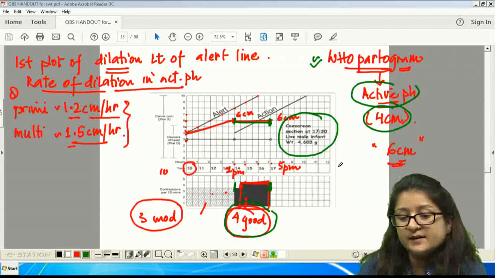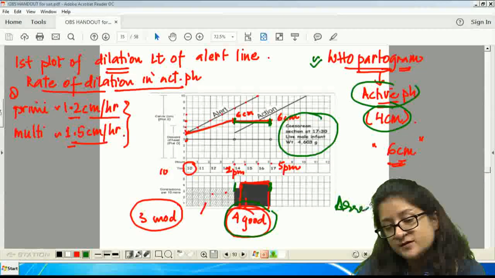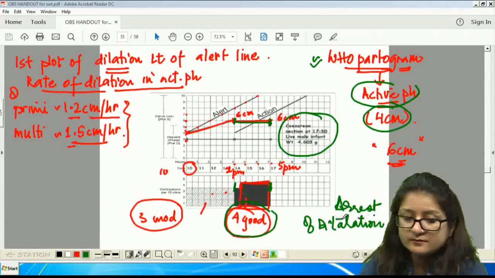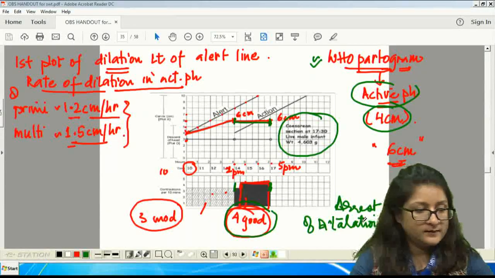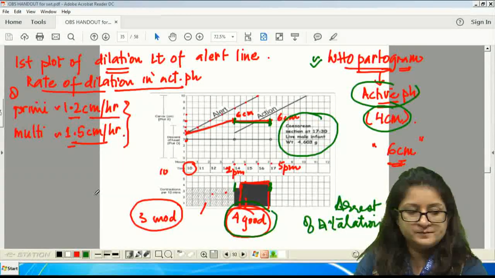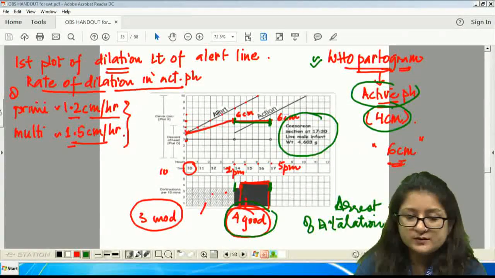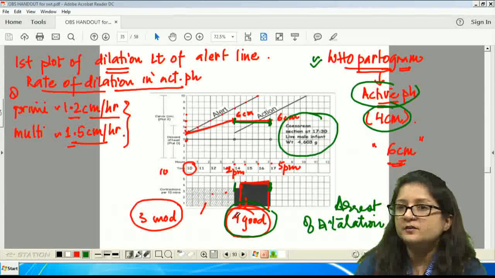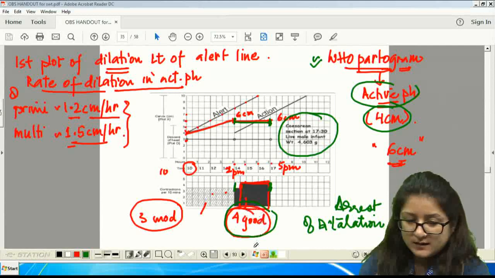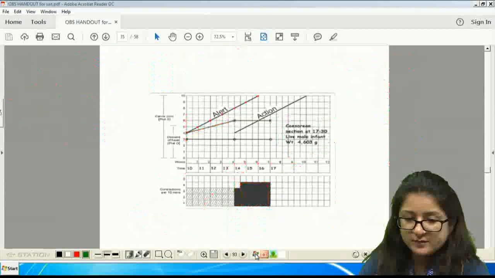All right, so this partogram is showing arrest of dilatation, right? All right, so this is about active arrest of dilatation, and this is about this part of the partogram.